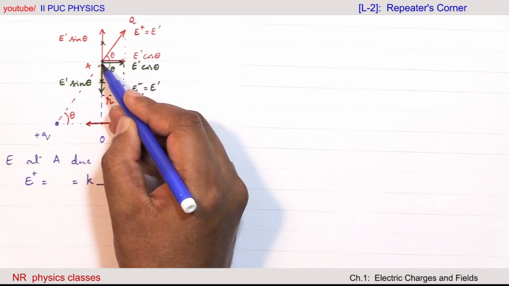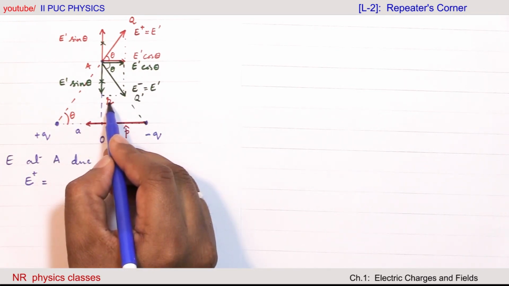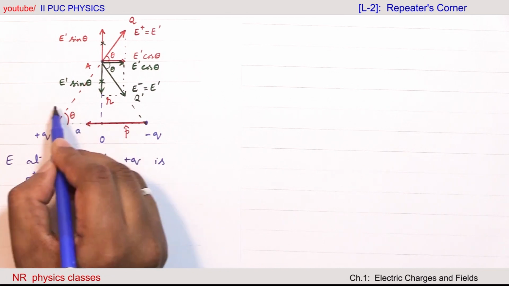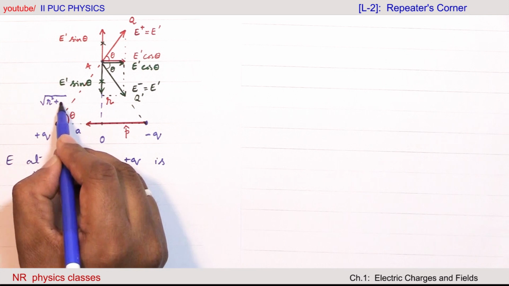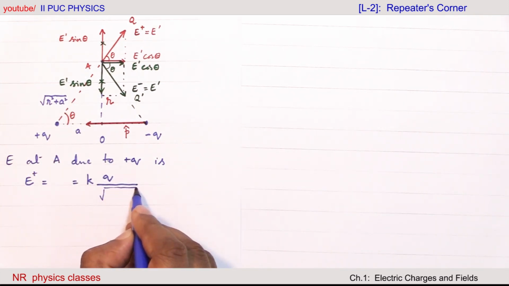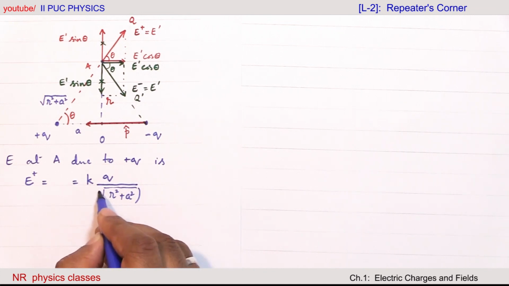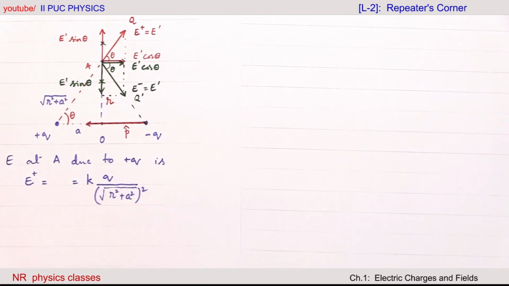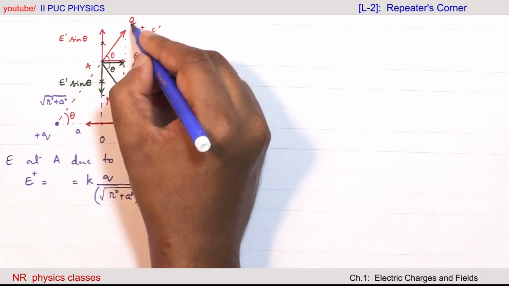This is the hypotenuse. This distance is a, this is r. Therefore, by Pythagoras theorem, this is root of r square plus a square. So, root of r square plus a square whole square. And this electric field is along AQ.